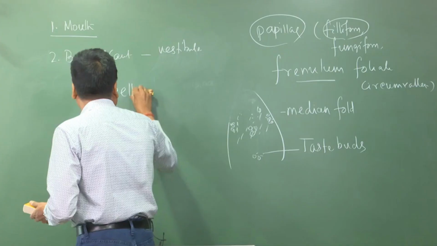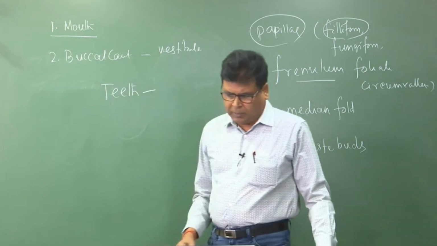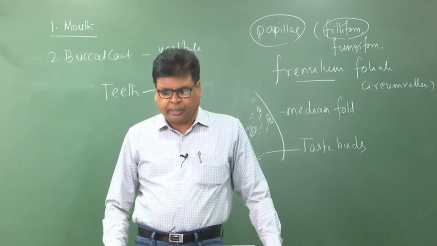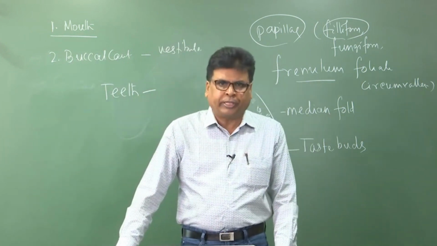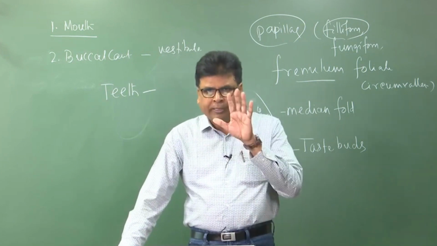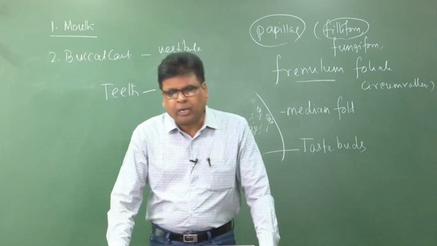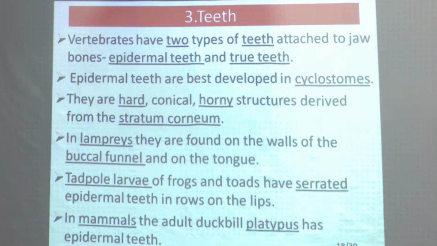The first one is the epidermal teeth and the second one is the true teeth. So the first one is the epidermal teeth, I am telling about this one. Epidermal teeth are best developed in cyclostomes. They are hard, conical, horny structures derived from the stratum corneum.